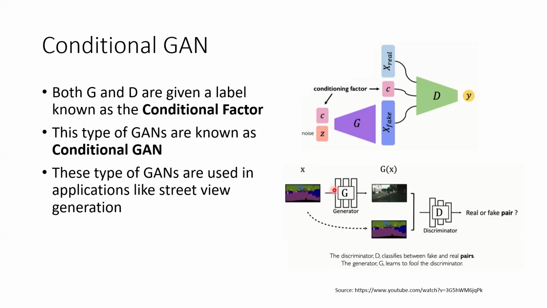Or in Google Maps, you might have seen that you can have both street views and the satellite view. So you can use conditional GANs to generate the street views from the satellite view, and the other way around as well. In those cases, you can use conditional GANs.